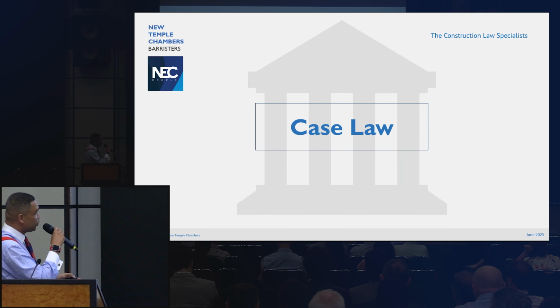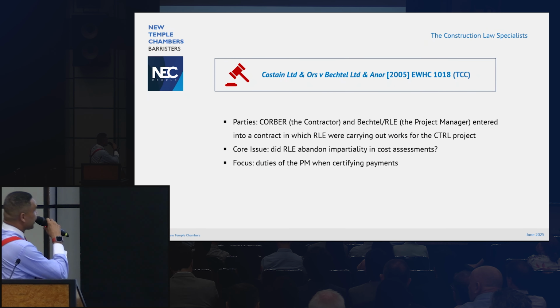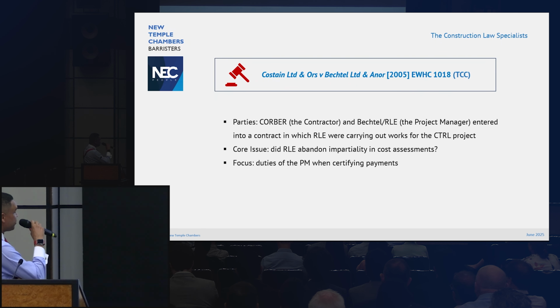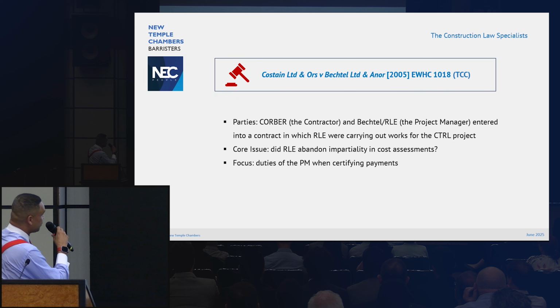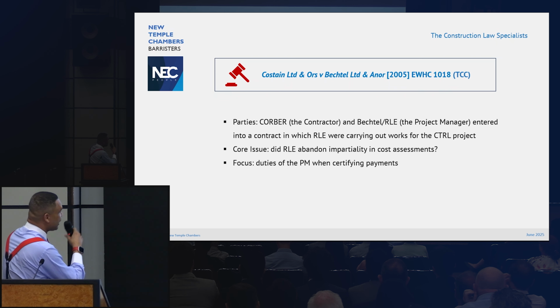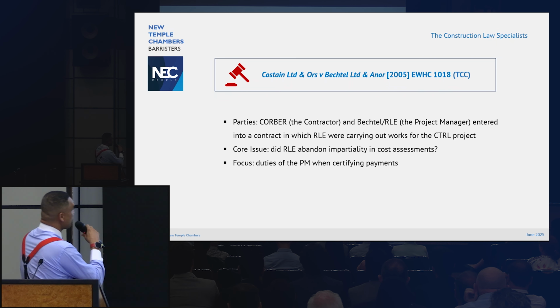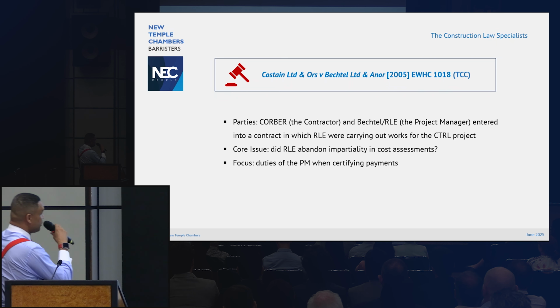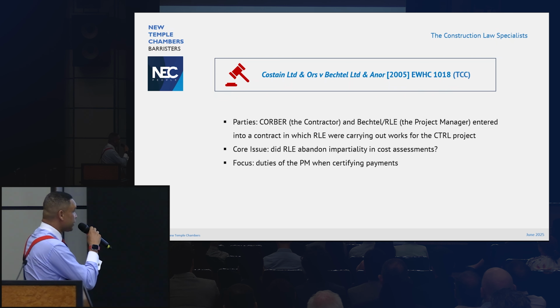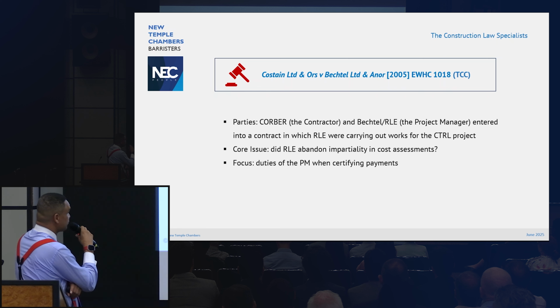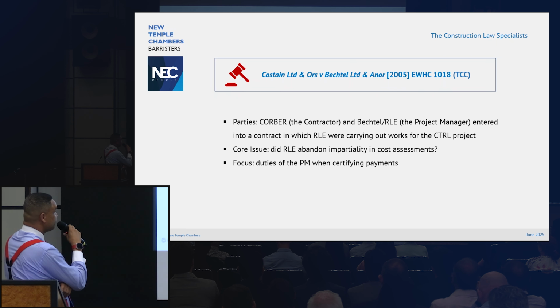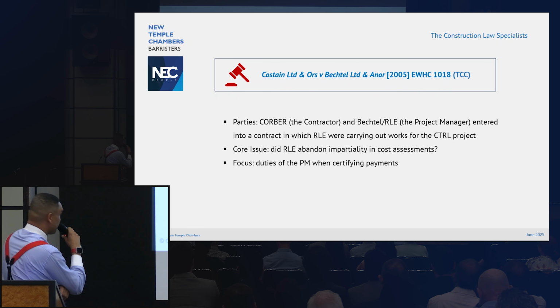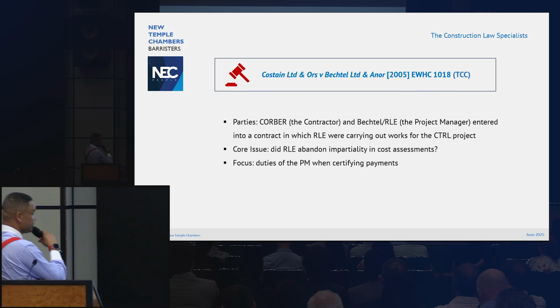In terms of the case law, a case which most are probably very familiar with, the case of Bechtel. I call it Bechtel, it says Costain and Bechtel, where, on a similar NEC type project, it was argued that the PM had abandoned impartiality in the cost assessments.